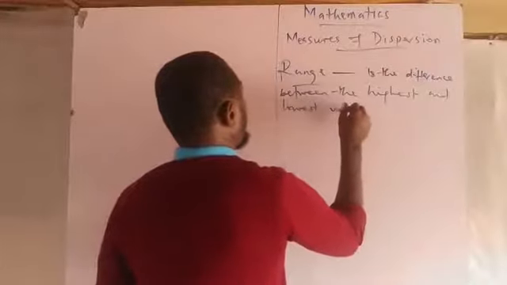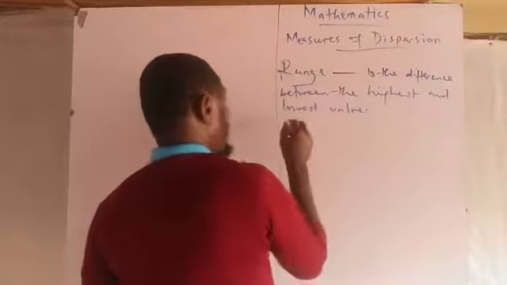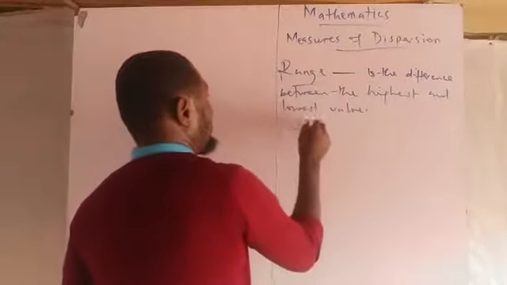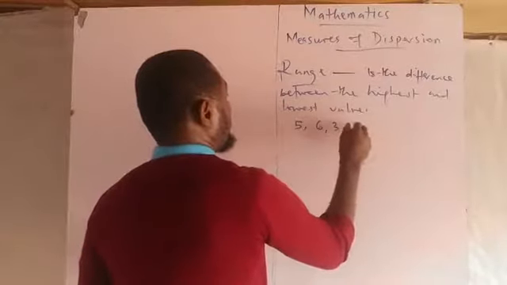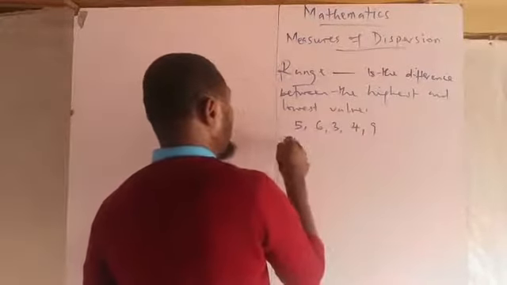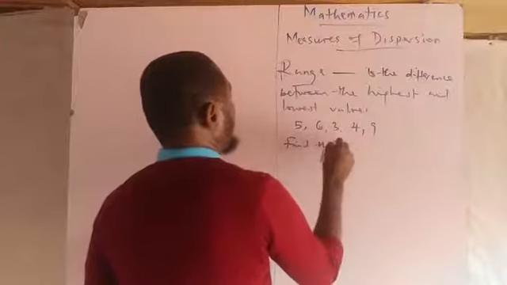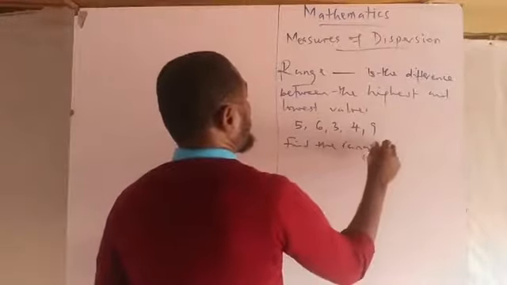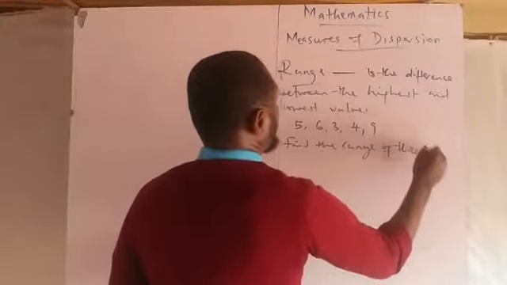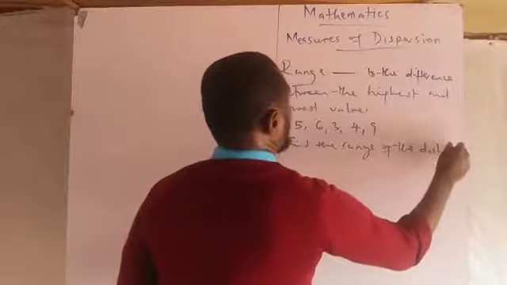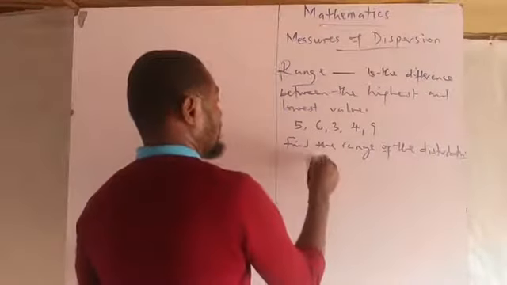Now, if you have this given to you like 5, 6, 3, 4, 9, and you're asked to find the range of the distribution given, it's simple to deal with.